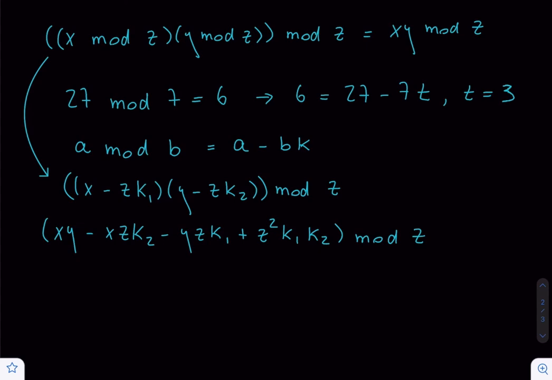Now we can separate out the z terms. So we have xy minus z times (xk2 plus yk1 minus zk1k2), and once again all mod z.